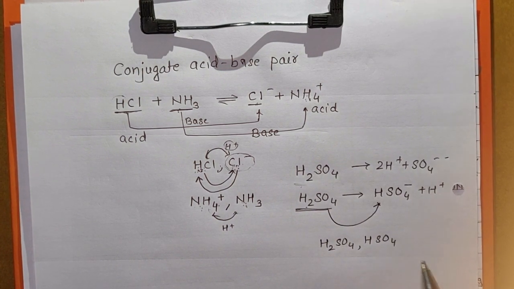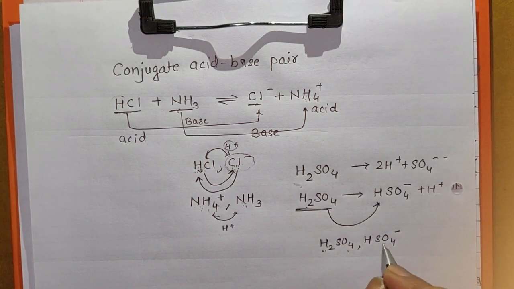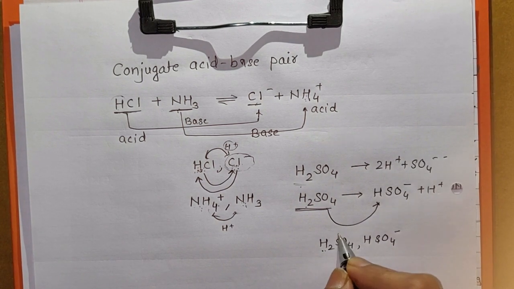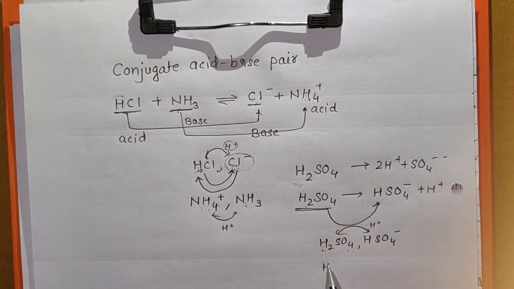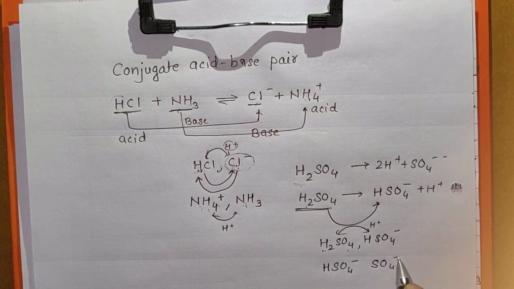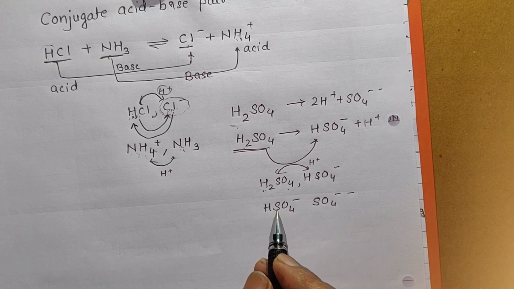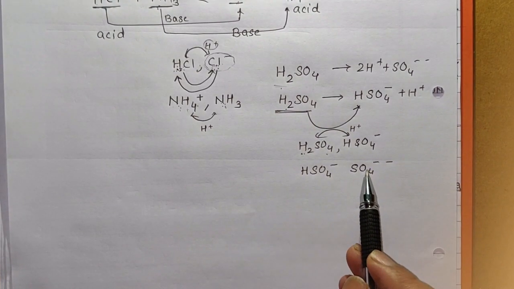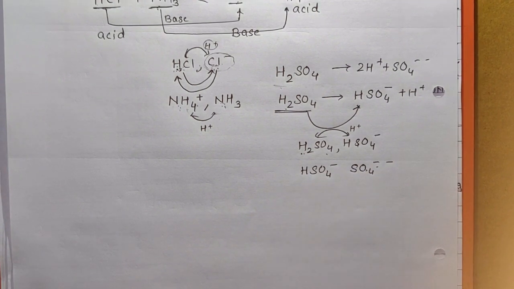So here H2SO4 is the conjugate acid of HSO4 minus and HSO4 minus is the conjugate base of H2SO4. It differs only by a single proton. Now again, HSO4 minus can donate a proton and get converted into SO4 minus minus, and therefore HSO4 minus is the conjugate acid of SO4 minus minus, and SO4 minus minus is the conjugate base of HSO4 minus.